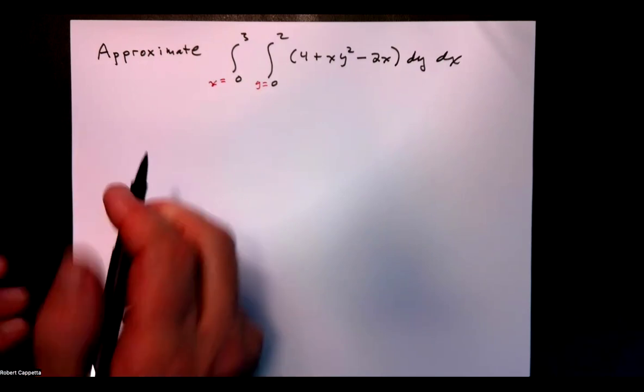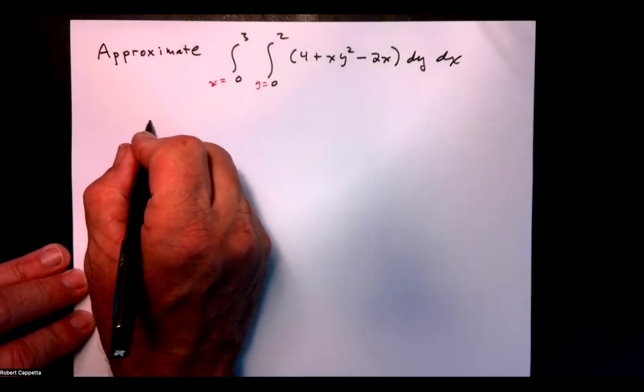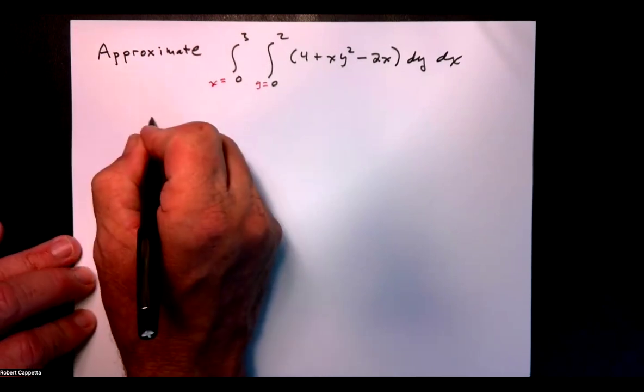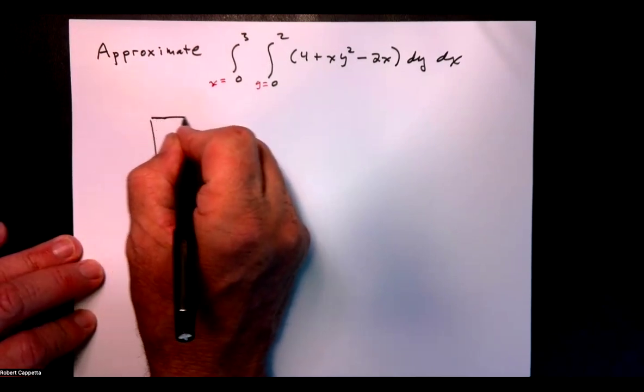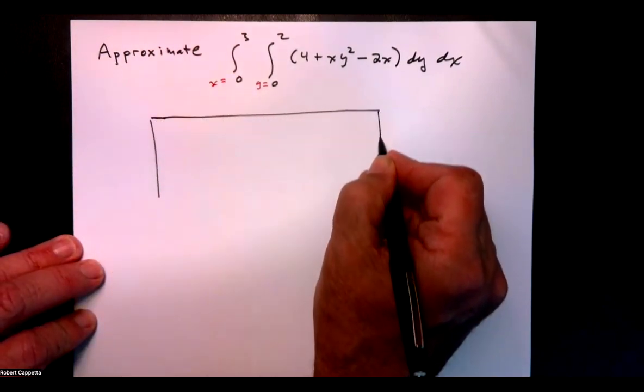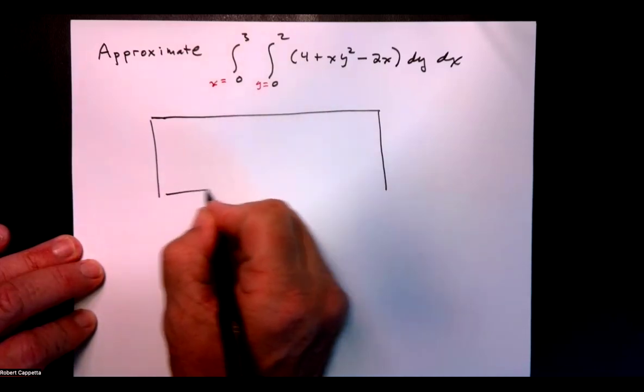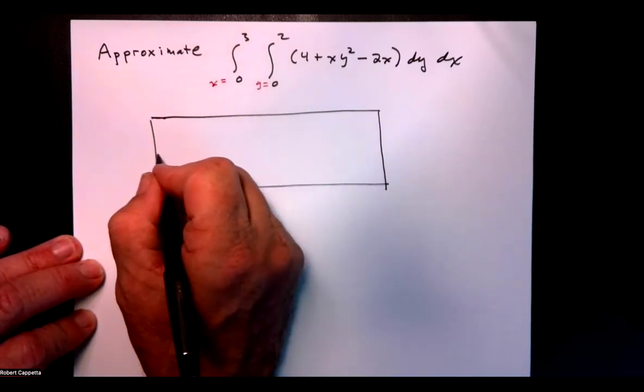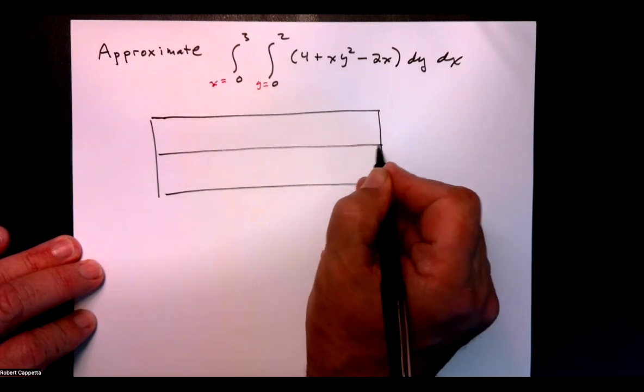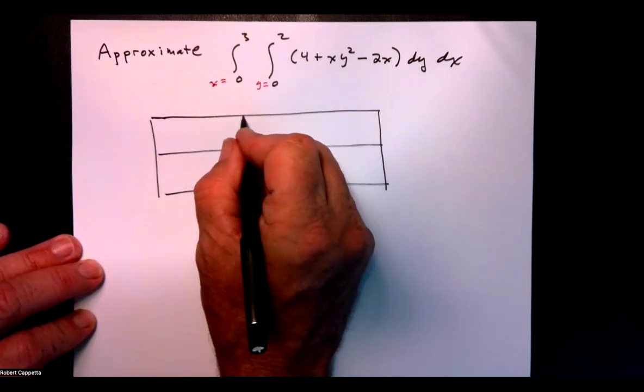So I would like to subdivide that into a certain number of intervals. So let's see, y goes from 0 to 2, and x goes from 0 to 3.